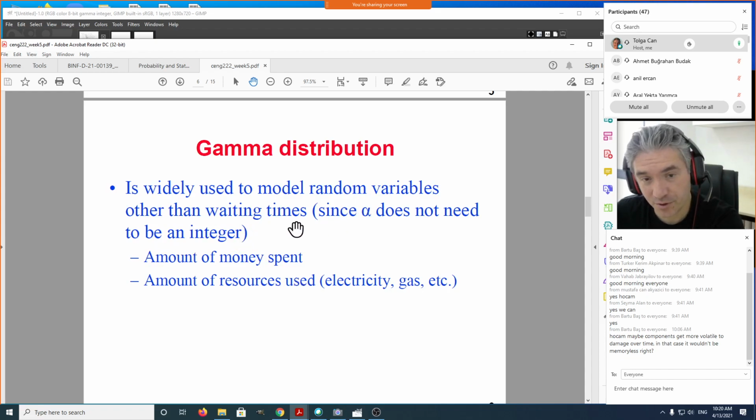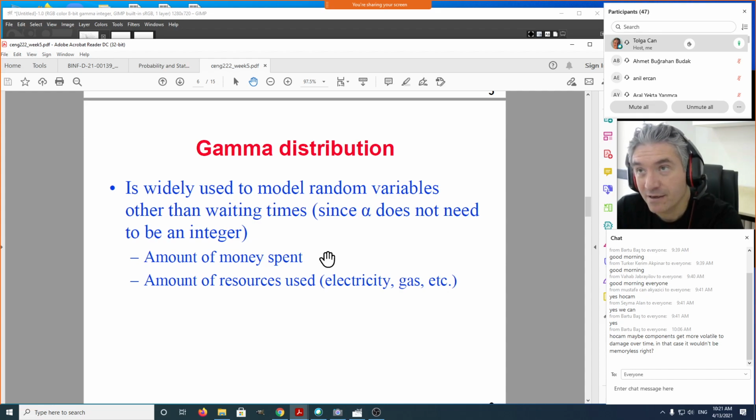And the gamma distribution, as I also told you, is widely used to model random variables other than waiting times, since alpha doesn't need to be an integer: amount of money spent, amount of resources used, electricity, gas. In the book you'll see exercises which say that the amount of money spent is a gamma variable with this alpha and this lambda.